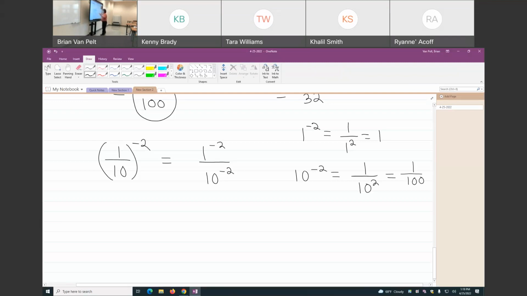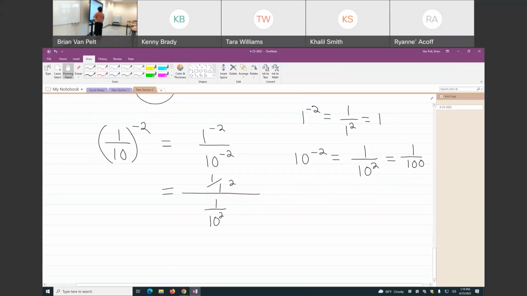So how do we reckon this? Here's what happens. I'm going to write this as a big compound fraction. So I've made all the exponents now positive. Now you might remember fractions.